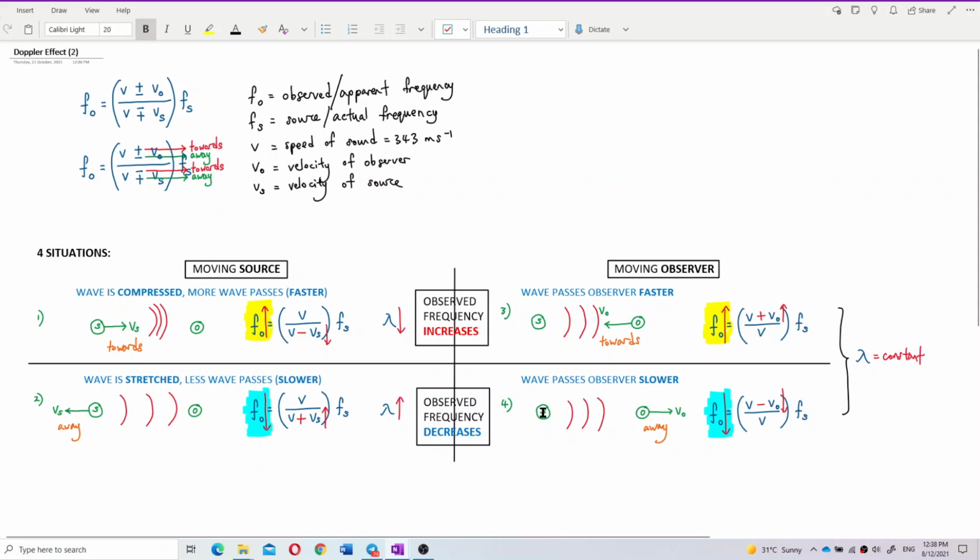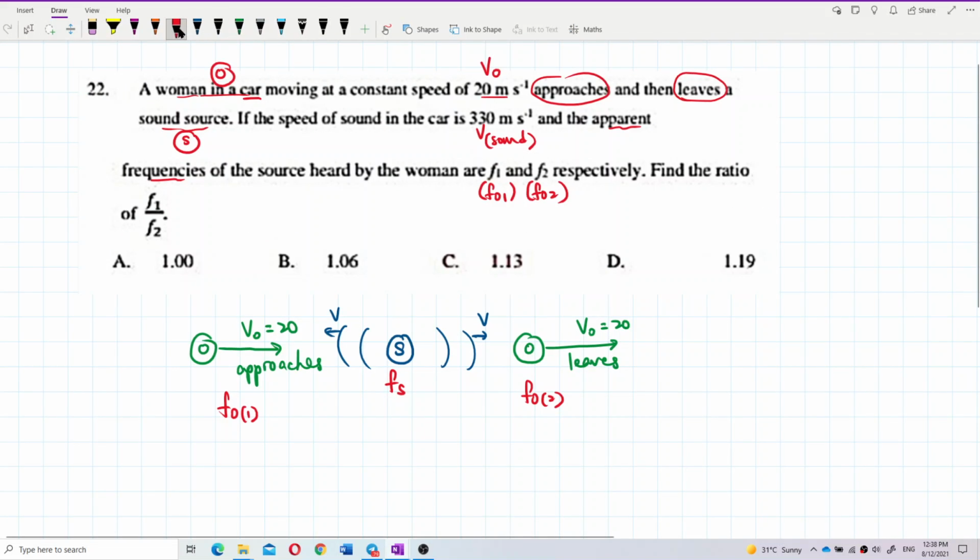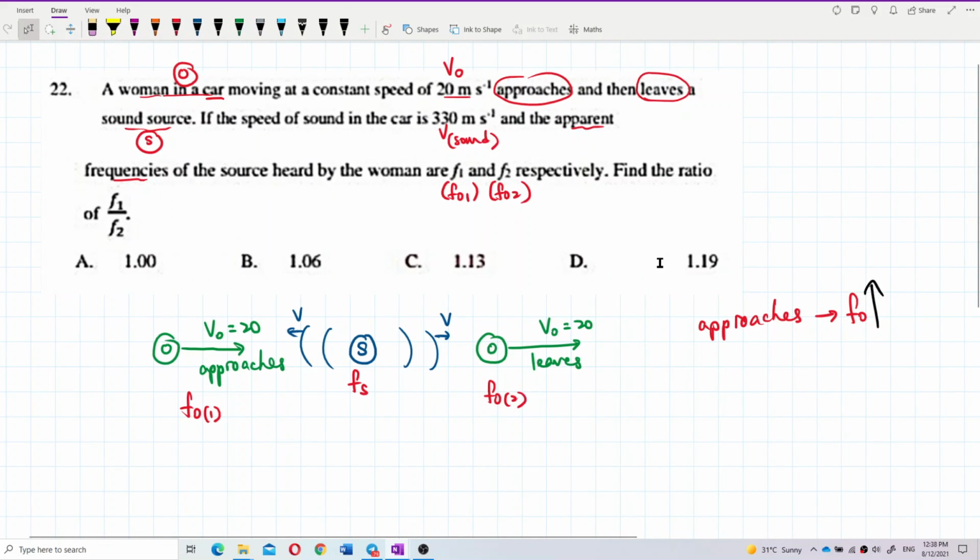So in a nutshell, as long as they approach, no matter whether the source approaches or the observer approaches, the observed frequency always increases. If they are moving away, no matter who is moving away, the observed frequency always decreases.